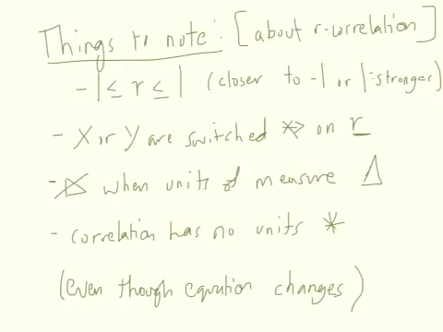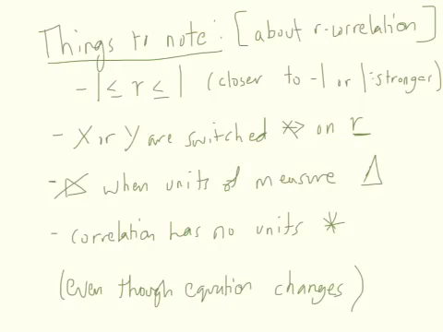It's also important to note that the correlation would not change when units of measure change. If you change perhaps weight from kilograms to pounds, the scatter plot would not change because the correlation is dependent on the standardized value rather than the value given when the units are assigned.